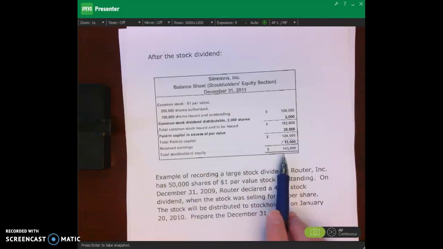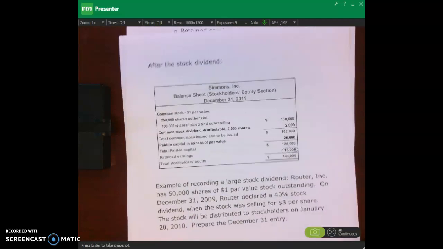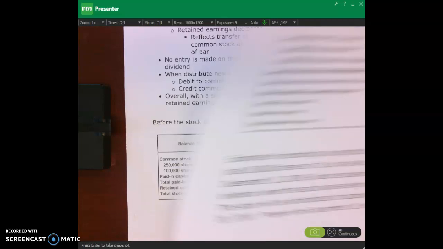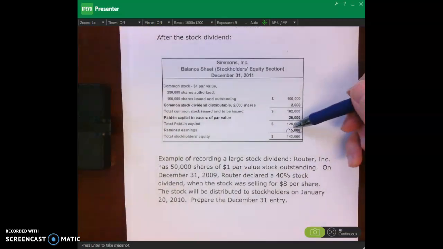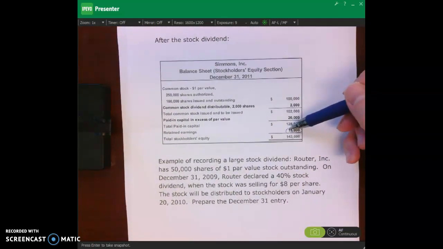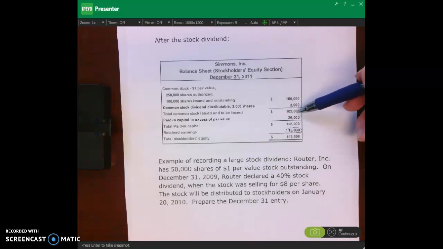But the total stockholders' equity remains the same at 143 and 143. I just moved it to different accounts, out of retained earnings and into total paid-in capital, because you can see our total common stock goes up, and so does our total paid-in capital.